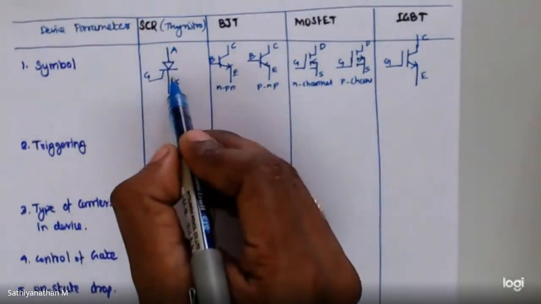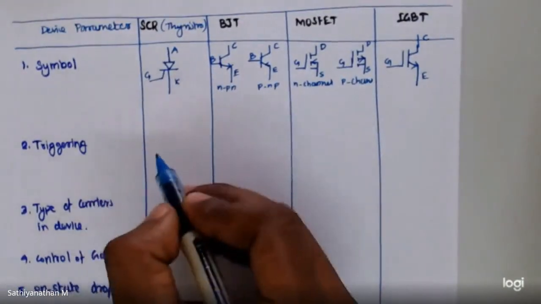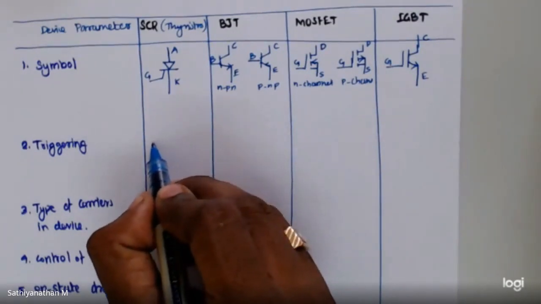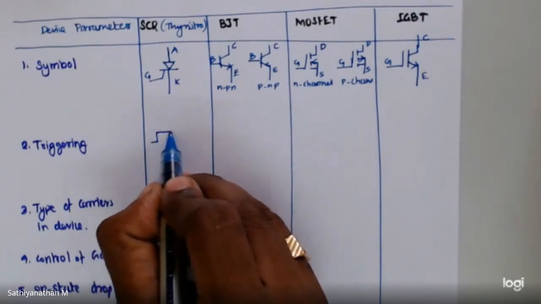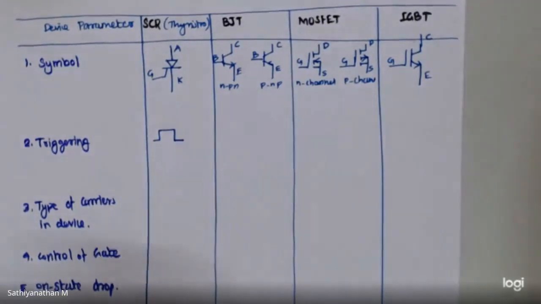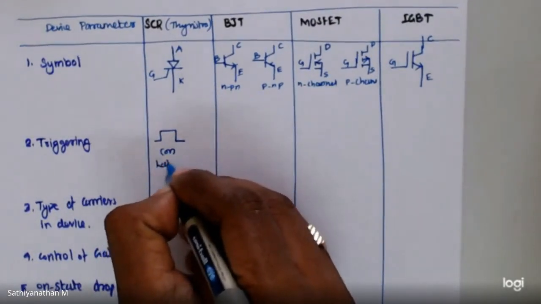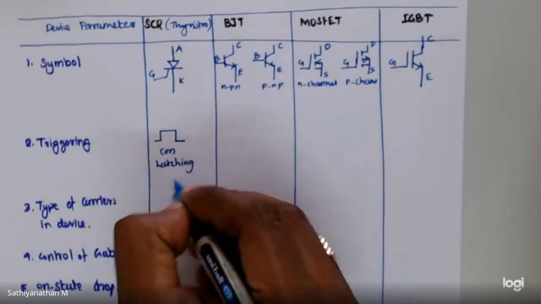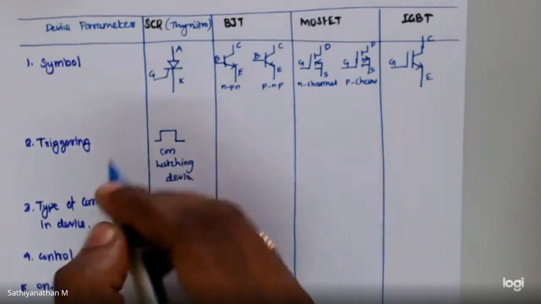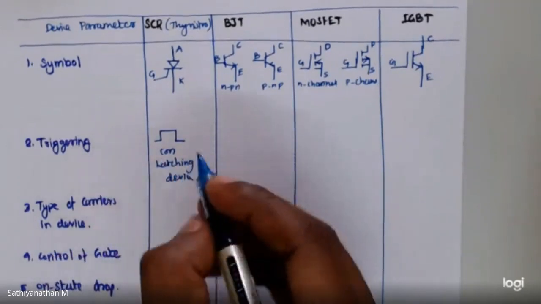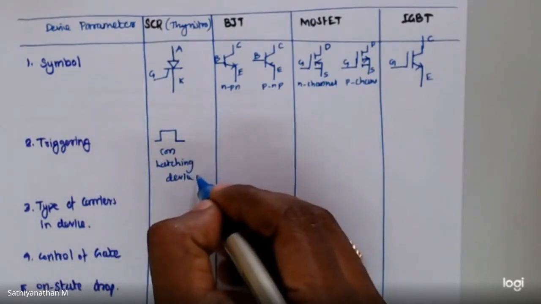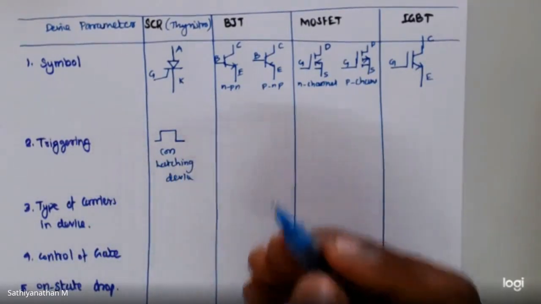So if you take an SCR, we can use a normal pulse, PWM pulse, or a latching voltage, or it is also called a latching device. So we can use pulses for triggering. That is, we can apply a normal DC voltage to trigger the device.